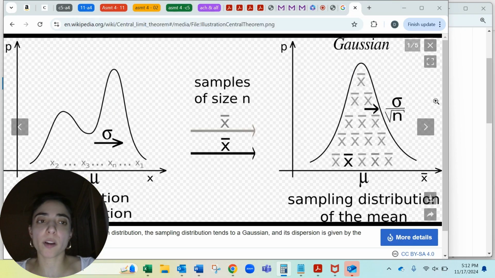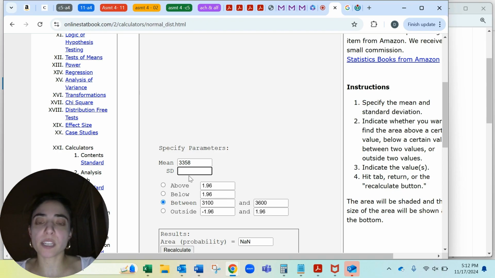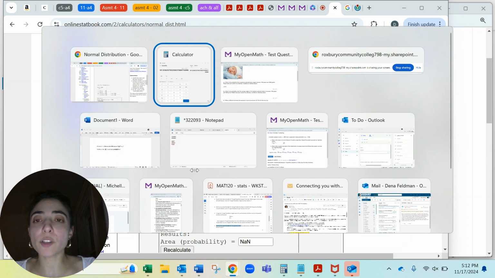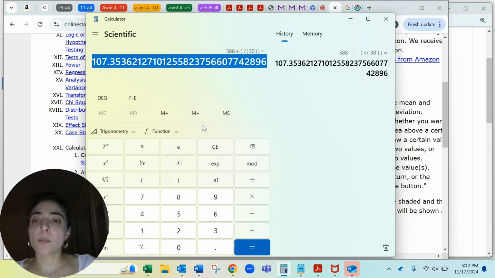This is the number that I will use in the space for the standard deviation. Now, I recommend you keep as many decimal places as possible. I'm going to copy this number, but the calculator may only allow you some of the decimals.